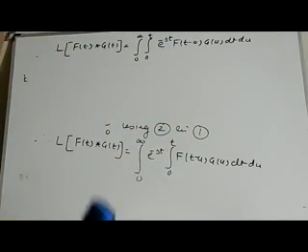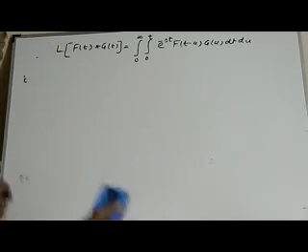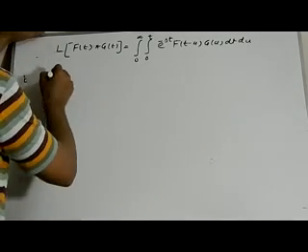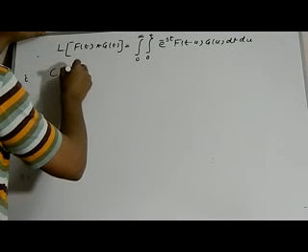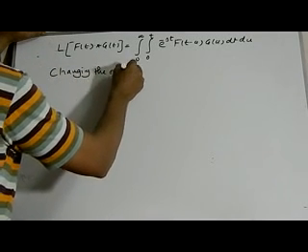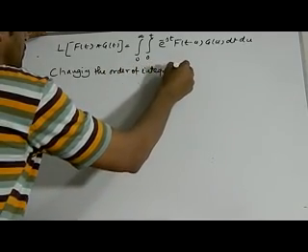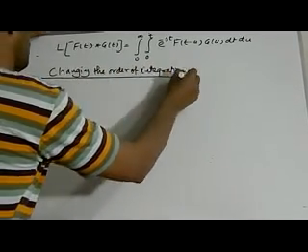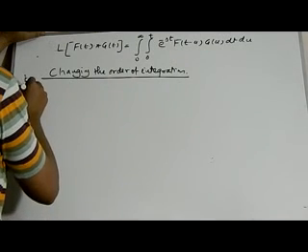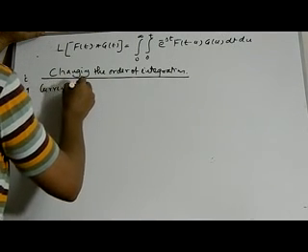Okay, if this is the case, now what I will do is, it is a problem of a double integral, changing the order of integration. First step, the current region.